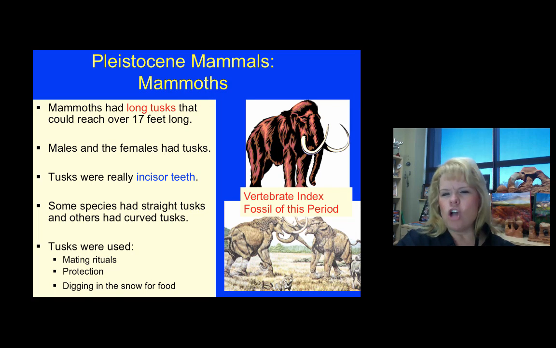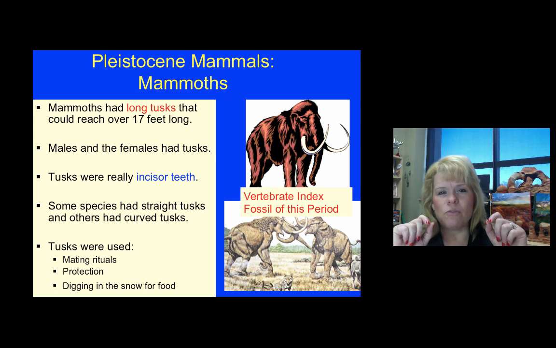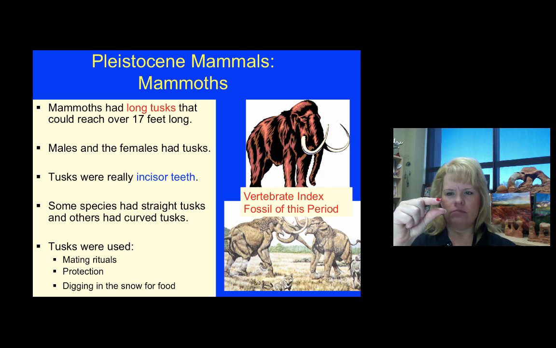So mammoths have long tusks, and their tusks are actually incisor teeth. They are not just a tusk like some animals have that come out for protection. They are actually teeth. And so they grow in increments. They're made out of dentin, which turns into ivory. And that dentin actually shows even seasonal, sometimes even weekly, diet changes.